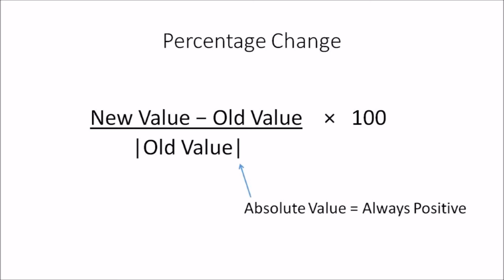And you have to multiply by 100, simply because we need to convert the answer to percentage. So that's very easy and simple, and we'll do some examples. We'll work them out together in order to understand better.